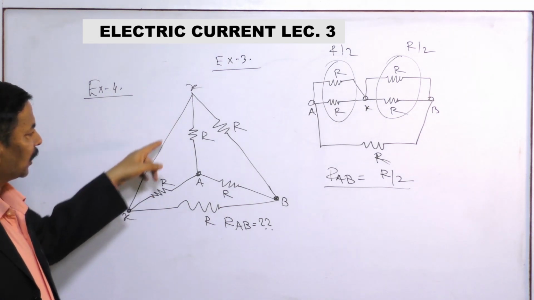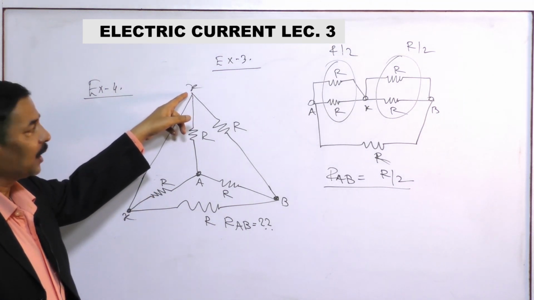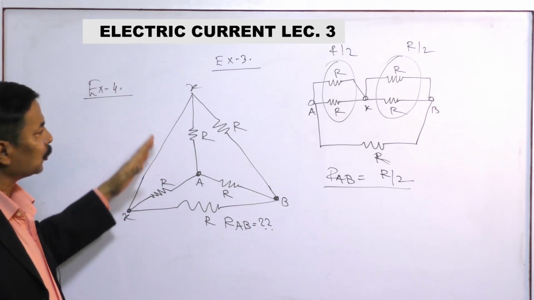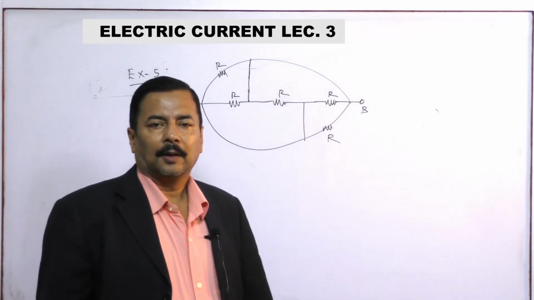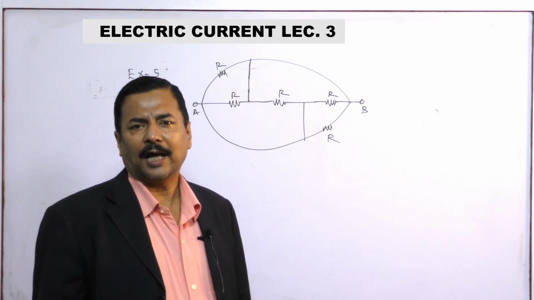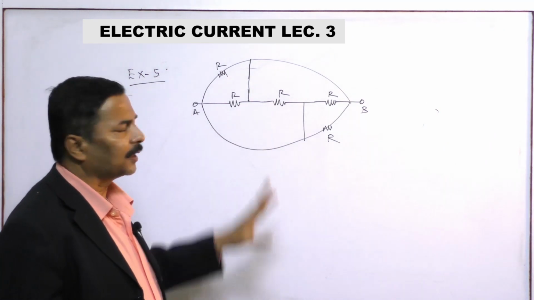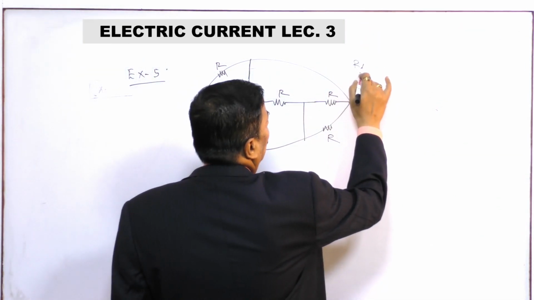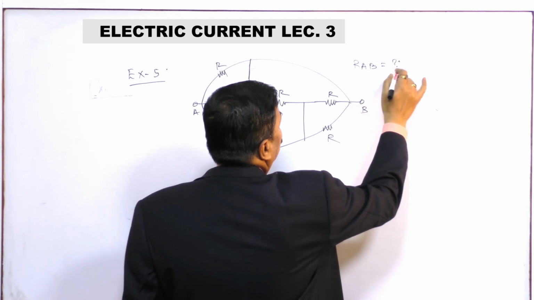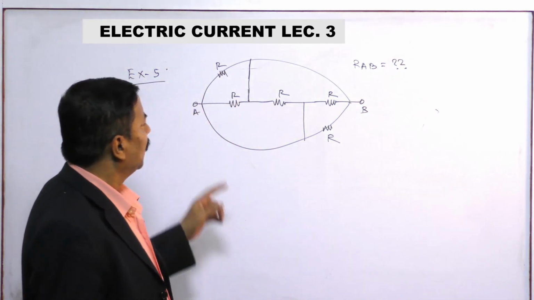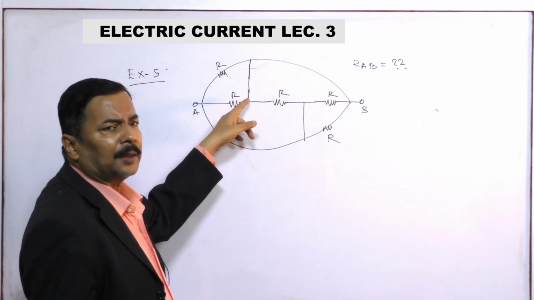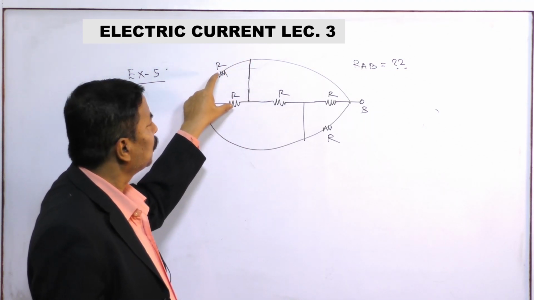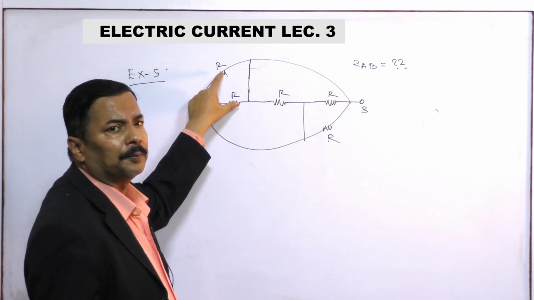It is the connecting wire. So if we consider the potential X here, here is also the potential X, because through the wire there is no potential drop. Now here you see the arrangement. This is the circuit arrangement that has been given, and you have to find the RAB. So how can we find the equivalent resistance? Now you see, this is connected by wire, so these points have the same potential, so these are in parallel, so it is R by 2.